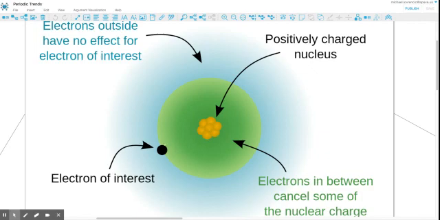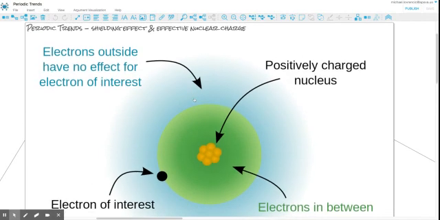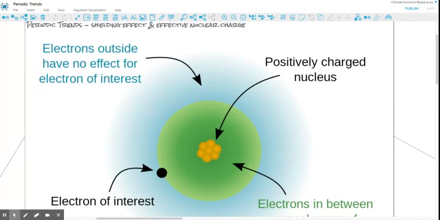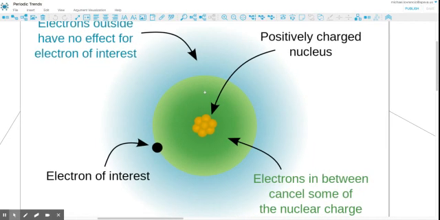There is the net attraction between the nucleus and that electron, and that net attraction is what we call the effective nuclear charge. There is a quantitative way of calculating it, but we're not going to worry about it. It is a measure of the net positive attraction, or positive pull, that a particular electron is going to feel for the nucleus.